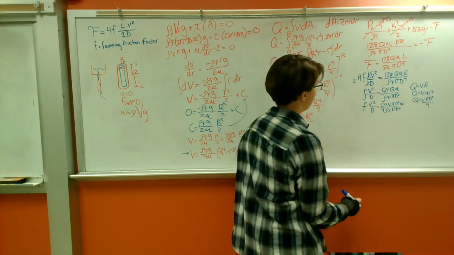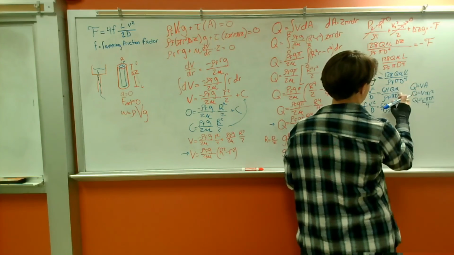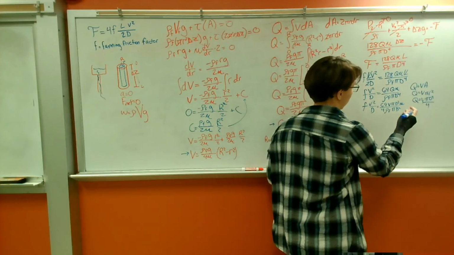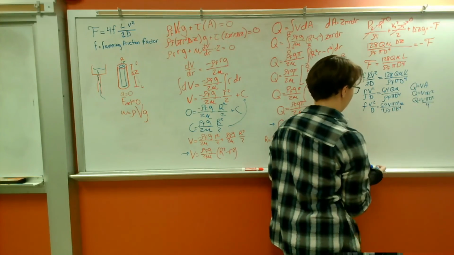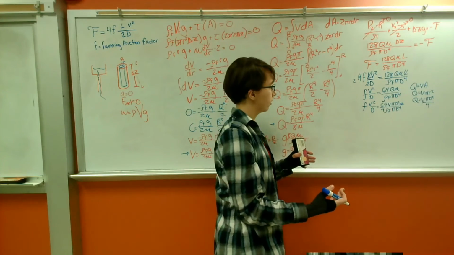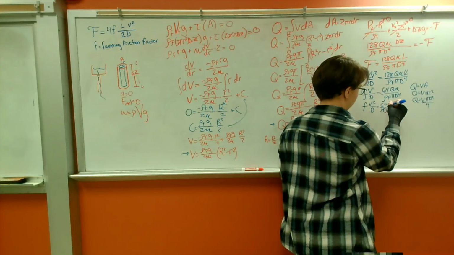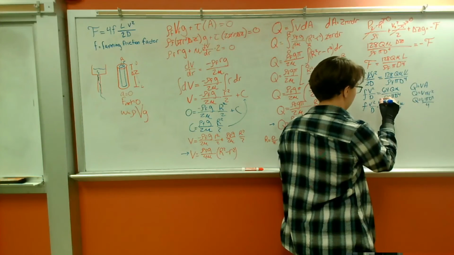Okay, and then this is d. I don't know why it says d squared. Okay, so then it's just a matter of simplifying things. We've got 64 divided by 4, which is 16.